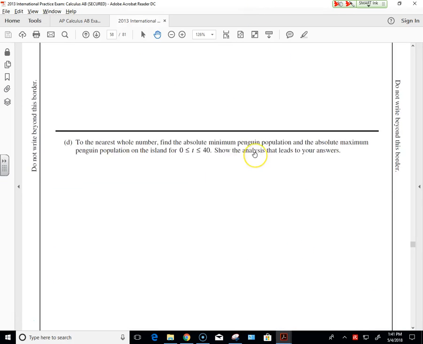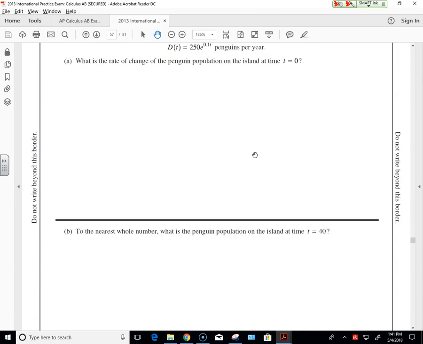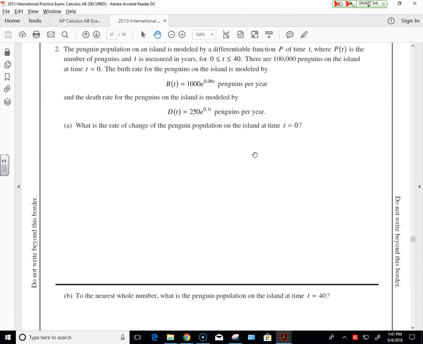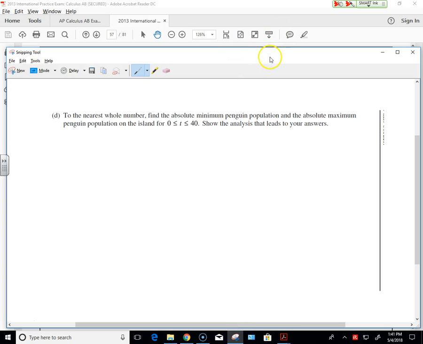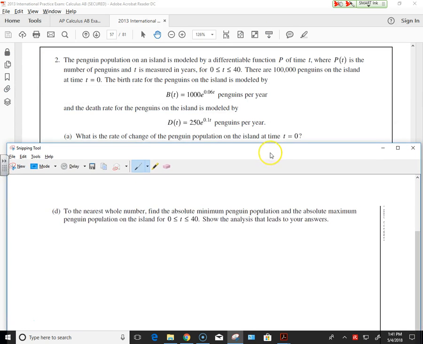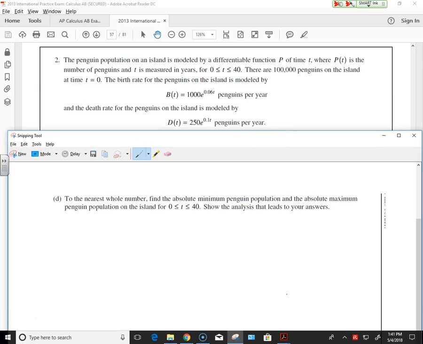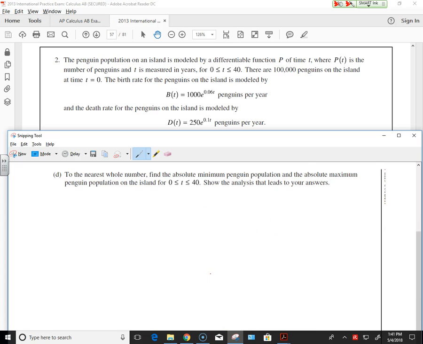Is this like a sign chart? Sign chart for which one? Number 2? Let me see. Okay. To the nearest whole number, find the absolute min. Absolute extrema will occur at critical numbers or endpoints. I have to test it in a table of the original.